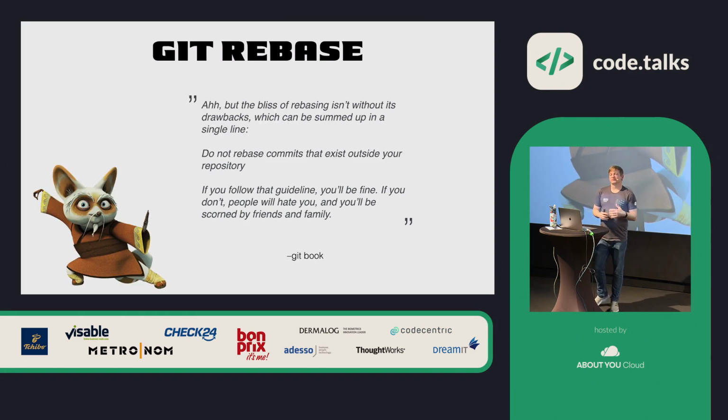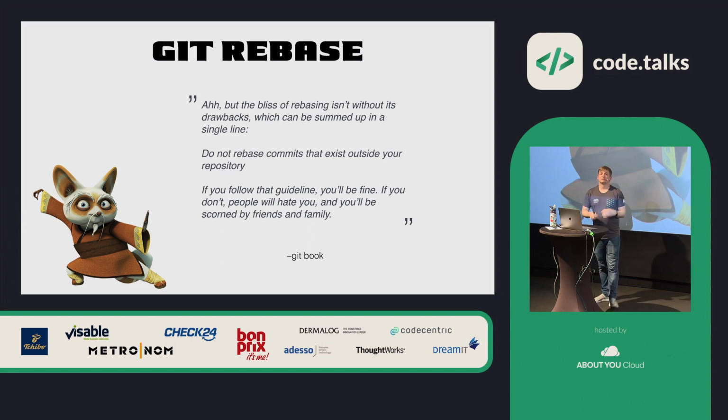But like I said, if you never rebased, then please try that in a dummy repository first, not in your main repository of your production application. Because if you do it wrong, you can mess up things pretty badly, right?